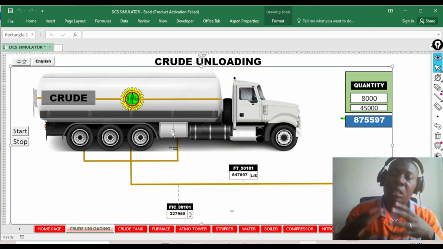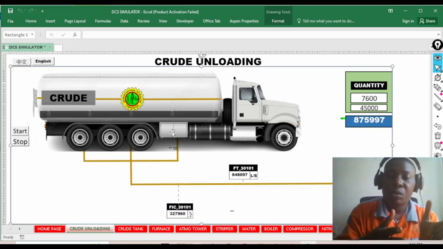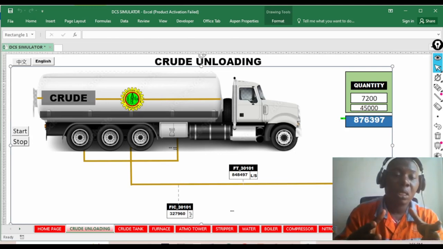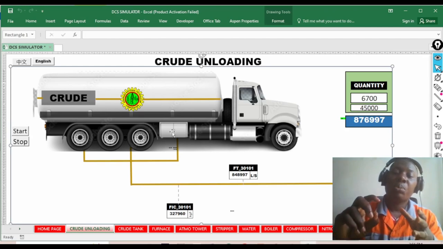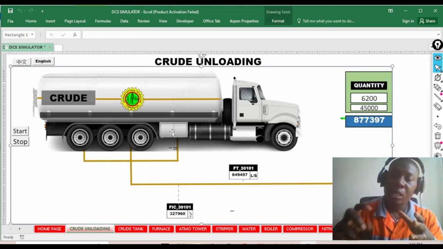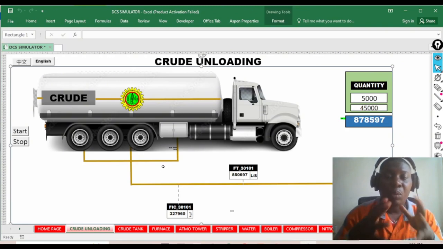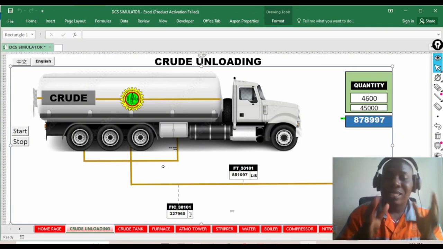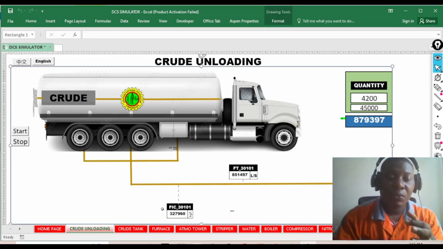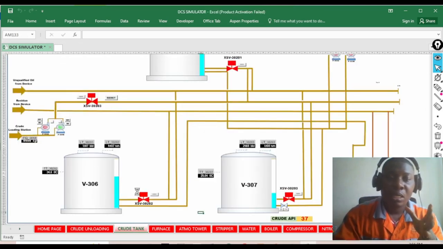So when the level gets to 100 liters, we need the pump to trip. Okay, so in this instance, if the pump is working and tripping at this rate, is this a SIS? Is this a SIS?